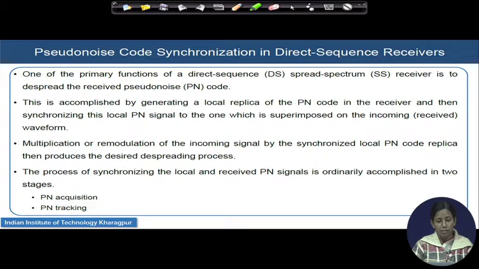So, synchronization is a very important block that needs to be performed in direct sequence receivers, and basically it has to be carried out before despreading.